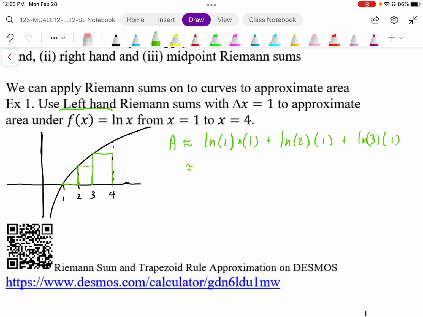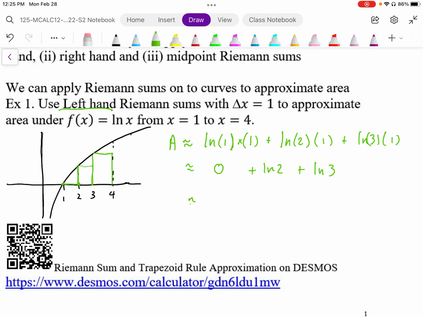So this is approximately equal to 0 plus log 2 plus log 3. And so this represents our area.